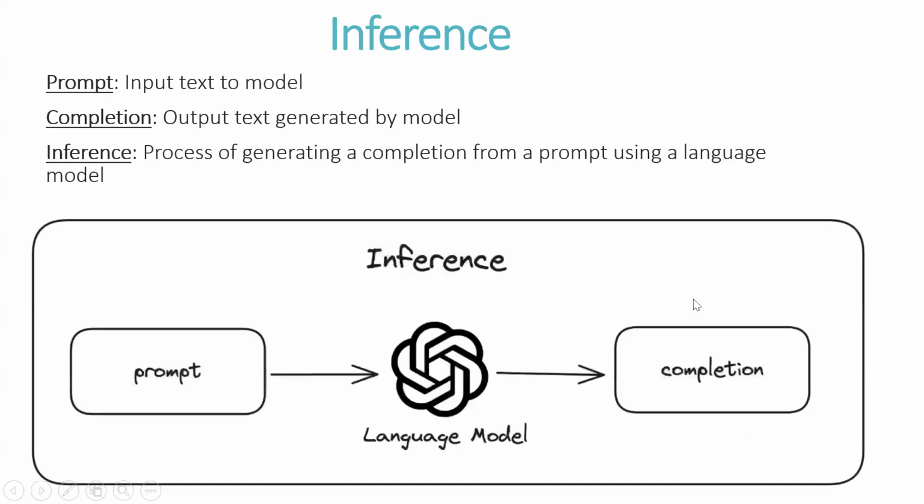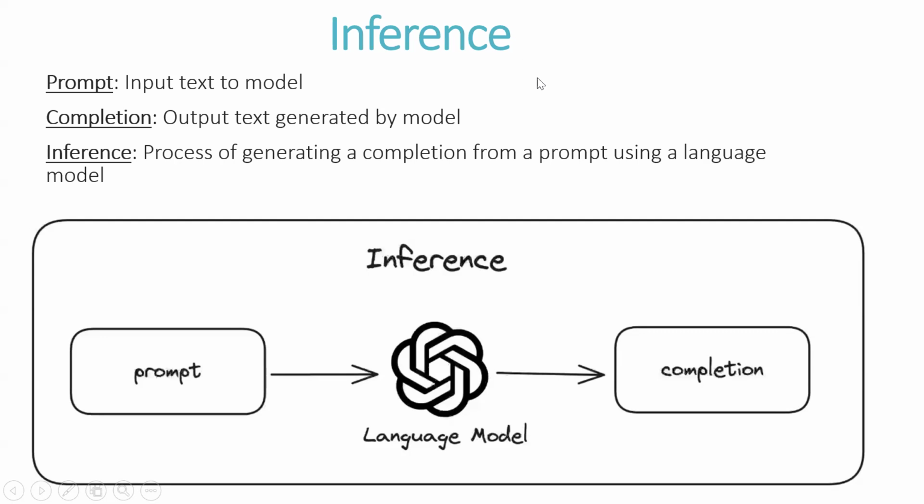Yeah, please go ahead. So there is something called inference. This is my language model, and when I give it an instruction, there will be some output. This entire process is called inference. Prompt is my input text to the model, and completion is the output text generated by the model. And inference is the process of generating a completion from a prompt using a model.